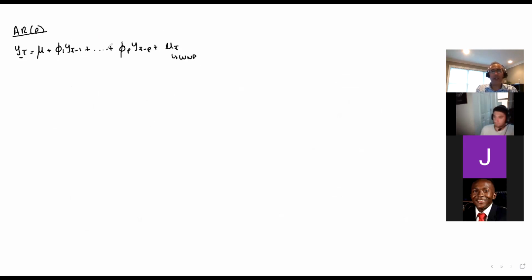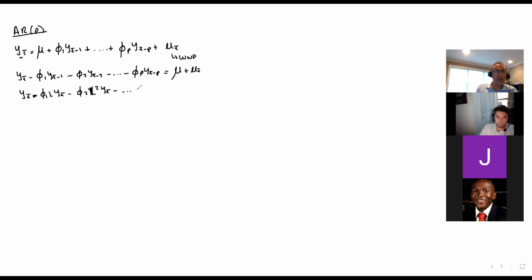Then if I rewrite this, I move this part to the other side, and this is going to be y t minus psi 1 y t minus 1 minus psi 2 y t minus 2 minus psi p y t minus p, and this equals my constant mu plus my error term. Again, if I do some operations here, this is y t minus psi 1 L y t minus psi 2 L squared y t minus psi p L to the p y t equals mu plus u t.